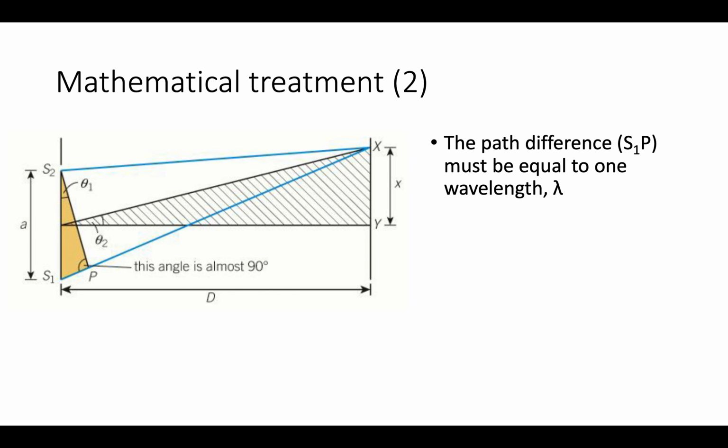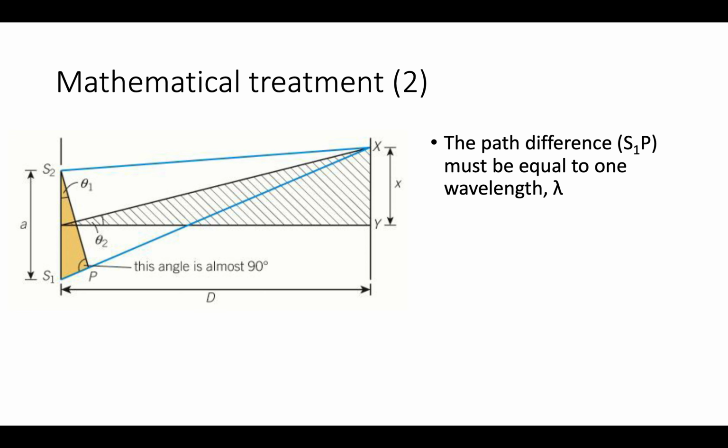Point X is a bright point, so that's constructive interference. We get constructive interference where the waves are in step. So point Y in the middle was in step. If we move away to a dark patch and then back to a light patch at X, the difference in the path length from S1 to X and from S2 to X must be equal to one wavelength.